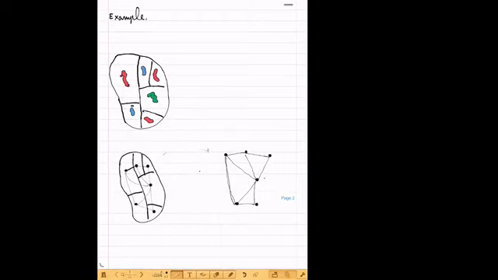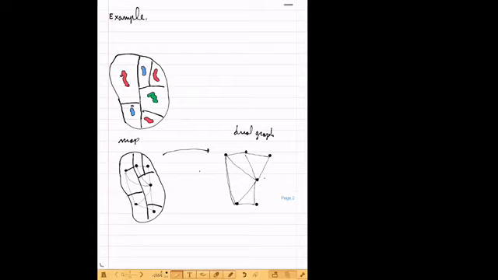So this is a map. This is called the dual graph of the map. And now you can rephrase the coloring problem as coloring the vertices of the graph in such a way that no two adjacent vertices have the same color. So it's the equivalent question.